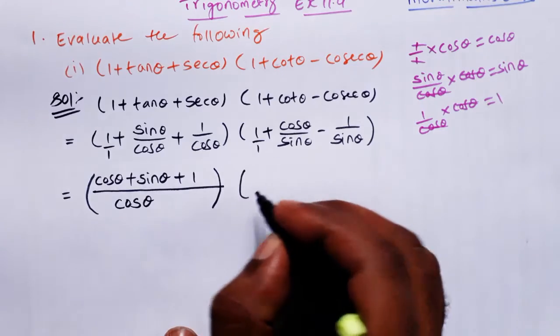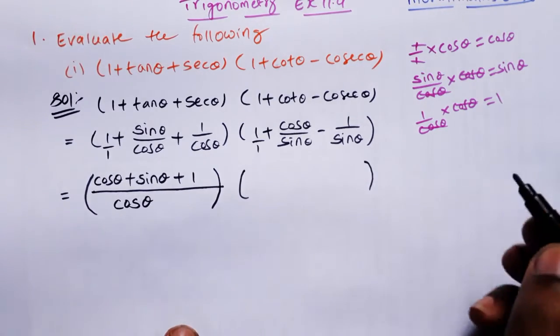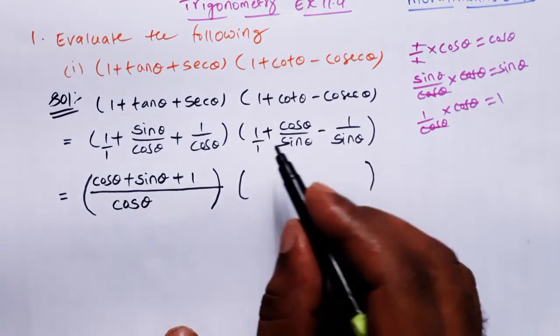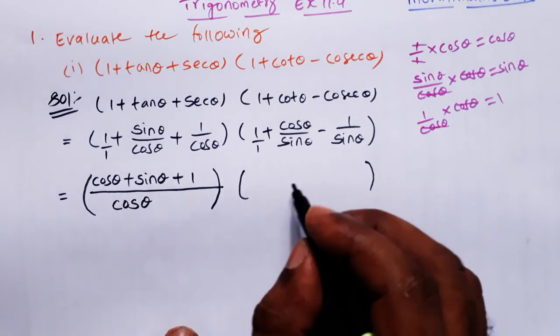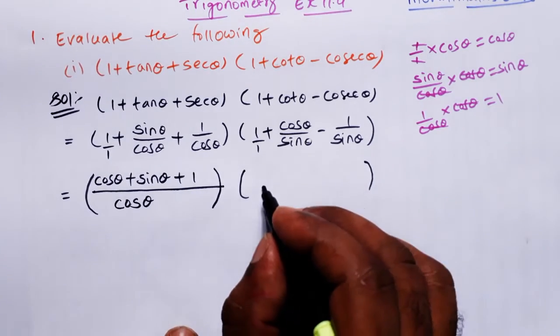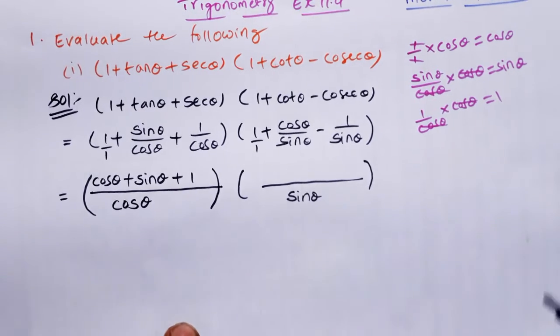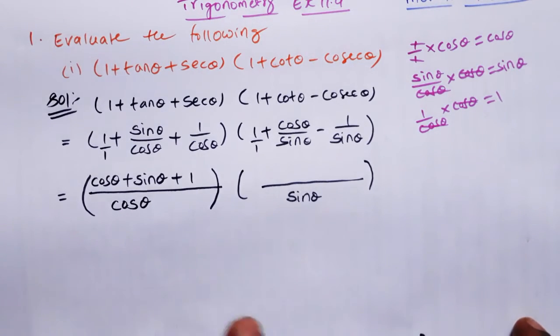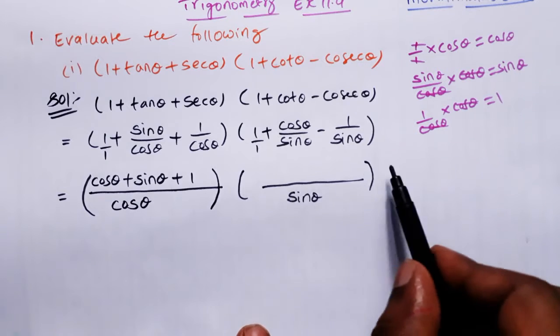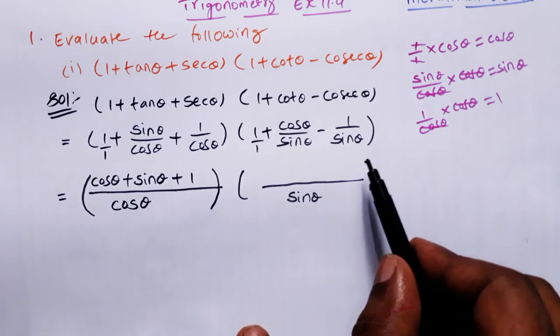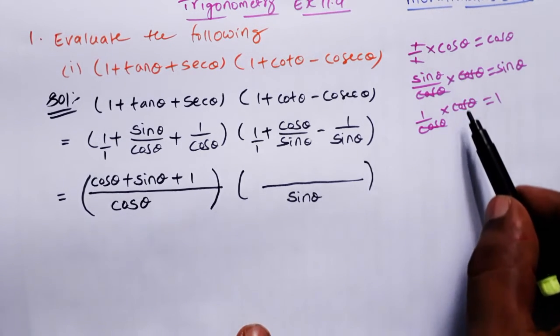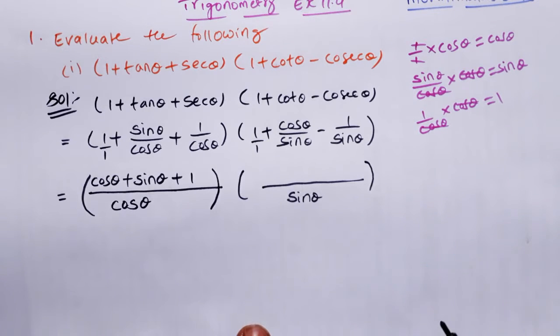Second one also we need to simplify like that only. For second one, what is the LCM? 1, sin theta, LCM will be sin theta. In the numerators, what are the values? The same steps we repeated. No, the same steps should be repeated.